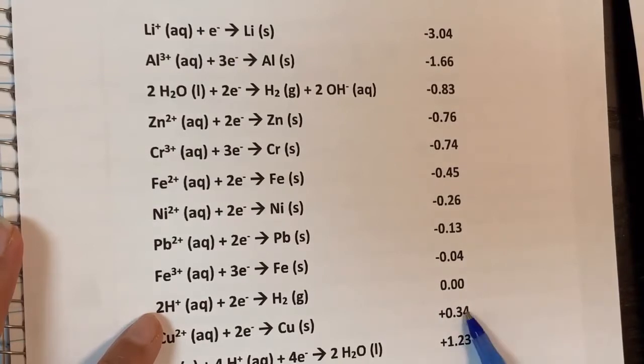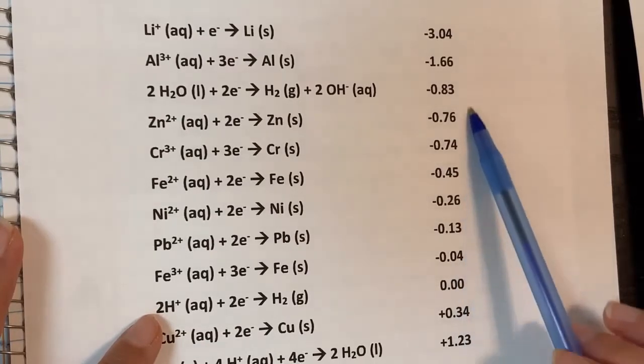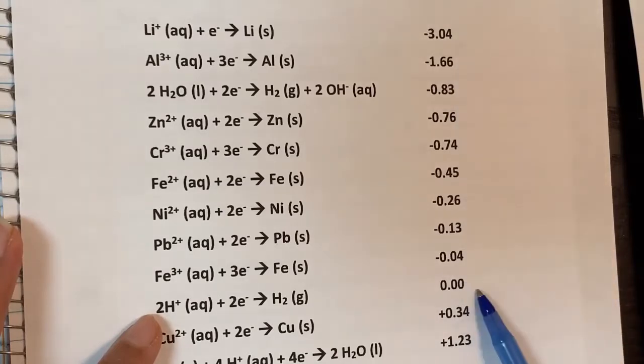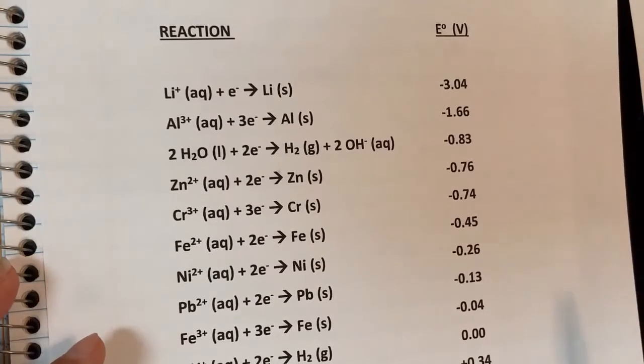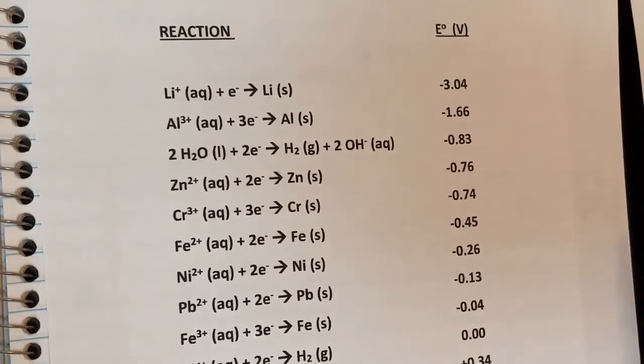The more it likes to be reduced, the more positive the potential is. If it doesn't like to be reduced, it actually has a negative value. Okay, so if it doesn't like to be reduced, it probably likes to be oxidized because oxidation and reduction are opposites. So if they give you a table of reduction, and they don't give you a table of oxidation, how do you get the values for oxidation?